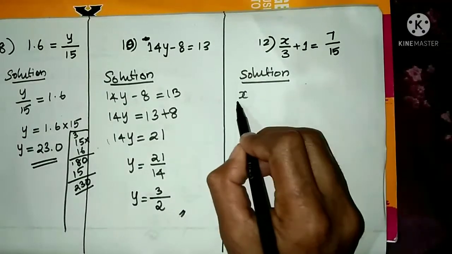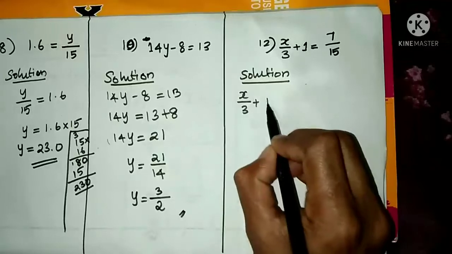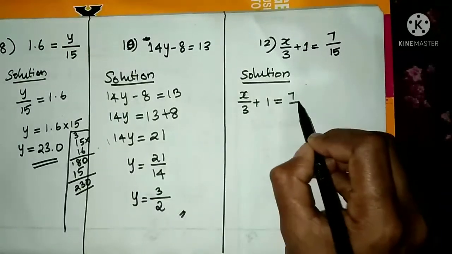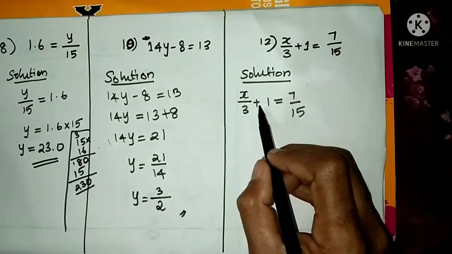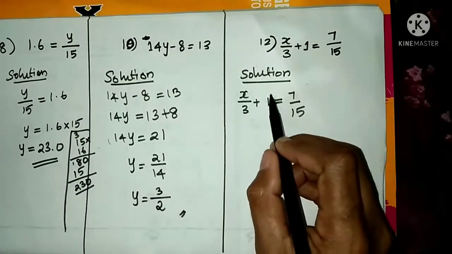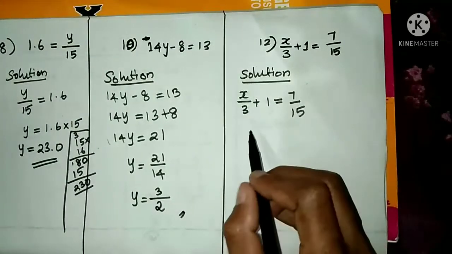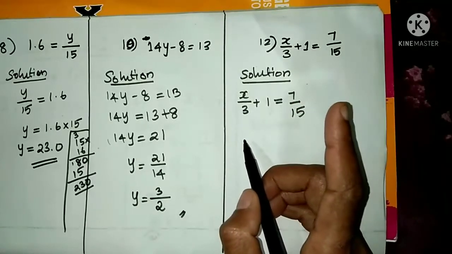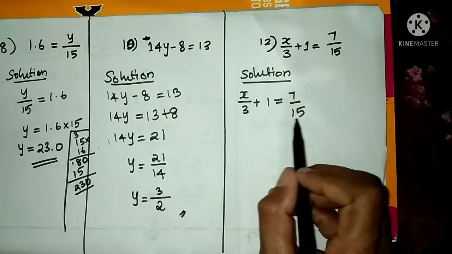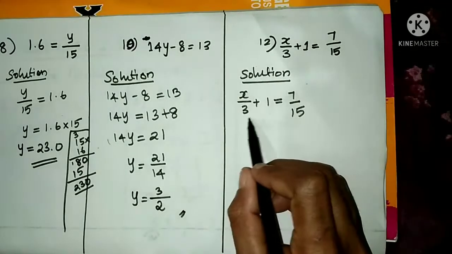Let us write the question again. It is a good practice to write the question again and then solve it. So now we send this 1 to that side, or else there is another way to remove these two denominators.